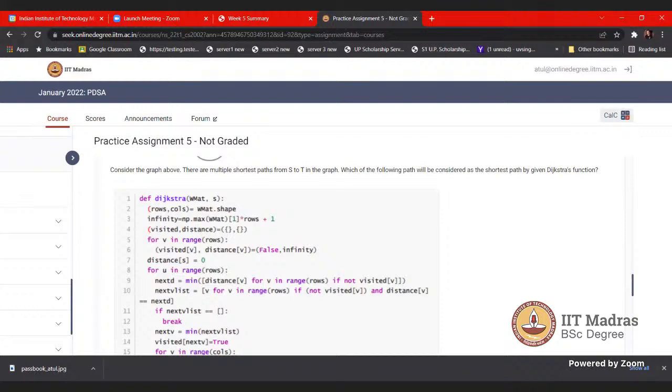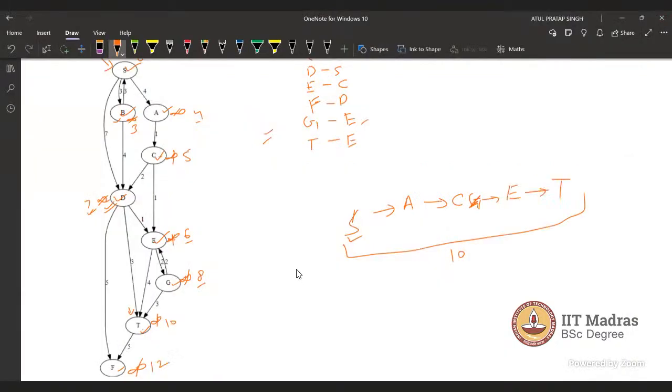Okay, sir, got it. So for example, if all edges have the same weight, in that case we can use the BFS algorithm, and BFS returns the shortest path in terms of the number of edges.